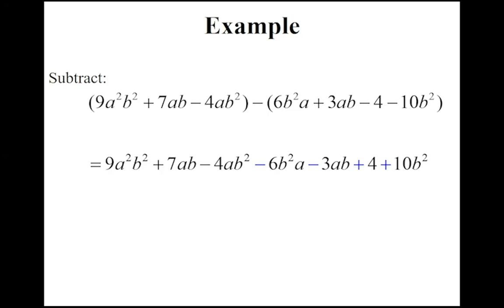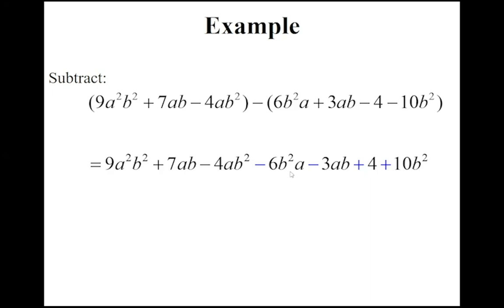So when we go to combine, we just have the 9a squared b squared. And then we have 7ab minus 3ab. That's going to be positive 4ab. Negative 4ab squared minus 6b squared a, or minus 6ab squared.